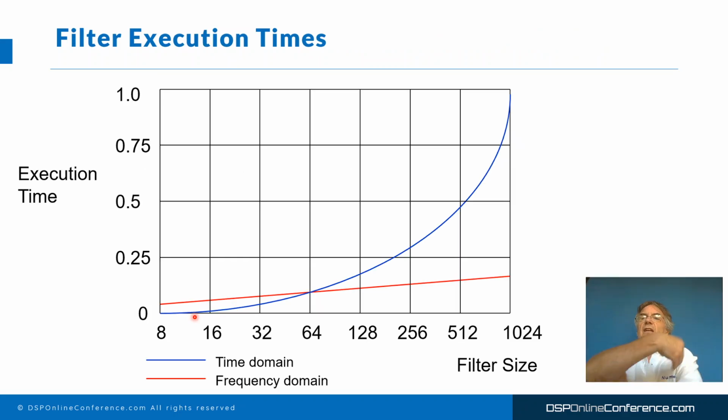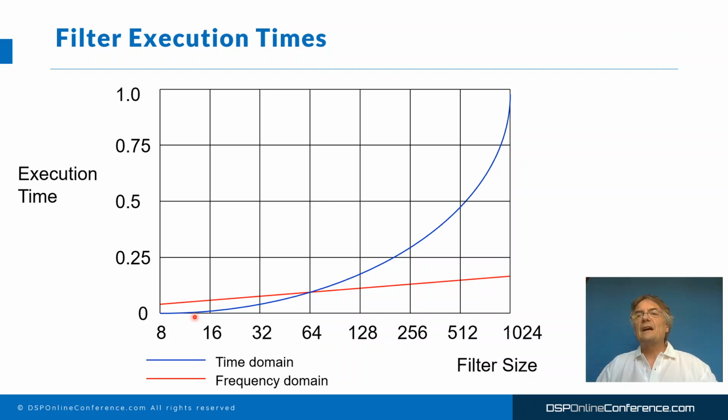Here's a slide I did actually many years ago when I was looking into the trade-off. This isn't for a specific DSP, and for different devices the numbers will vary.